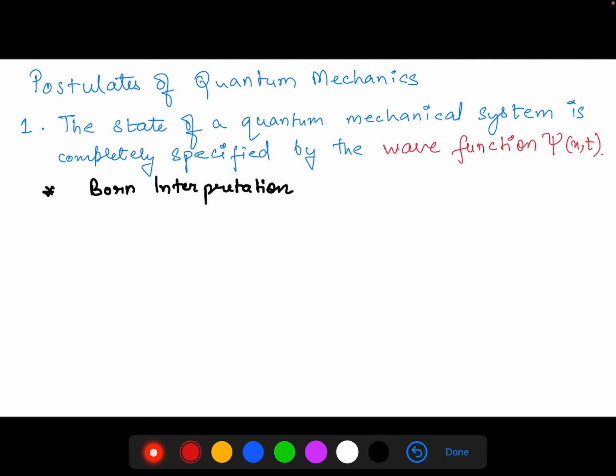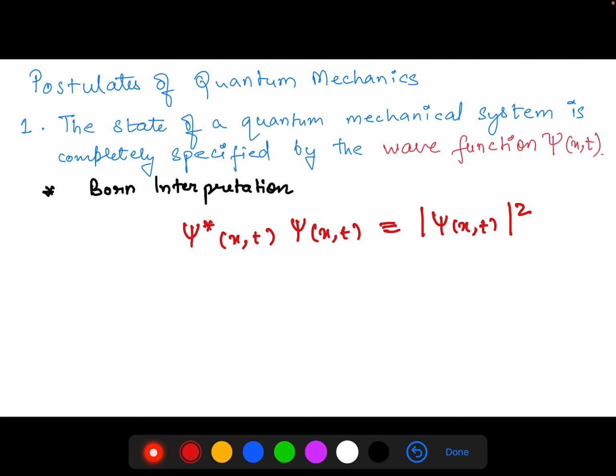The psi star, that is the conjugate of the wave function psi, when multiplied with psi(x, t), will give me the mod square of my wave function. This is the quantity which has a physical meaning, and it has a probabilistic interpretation.